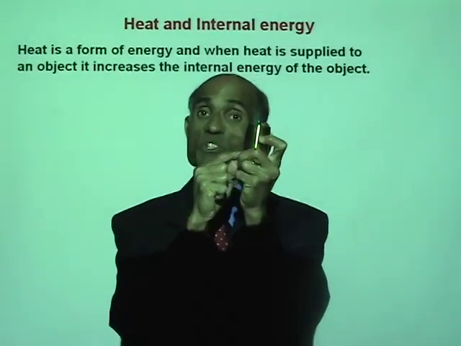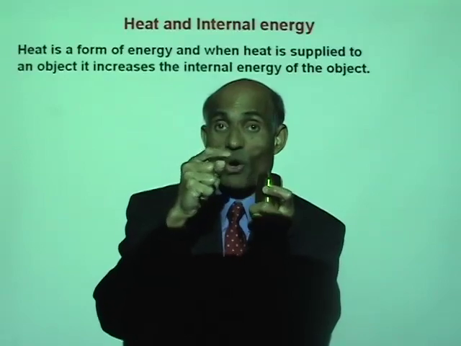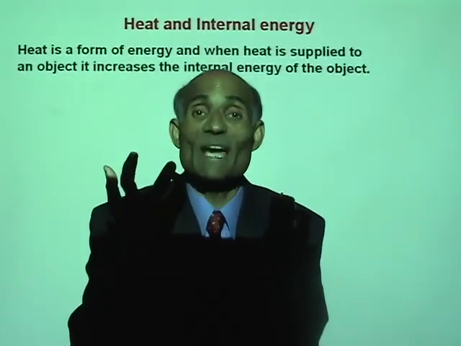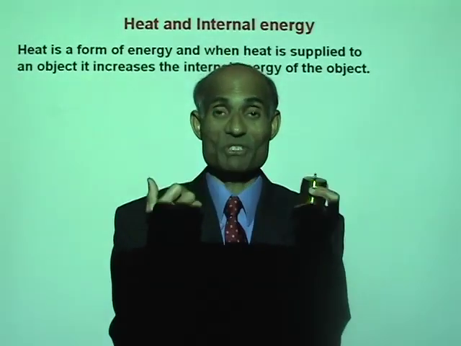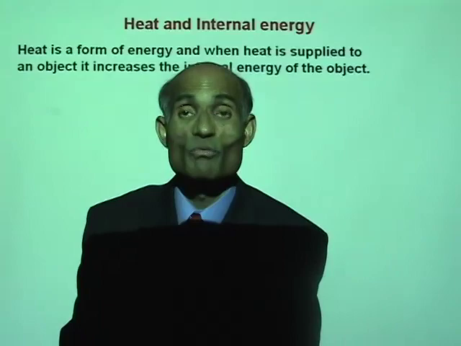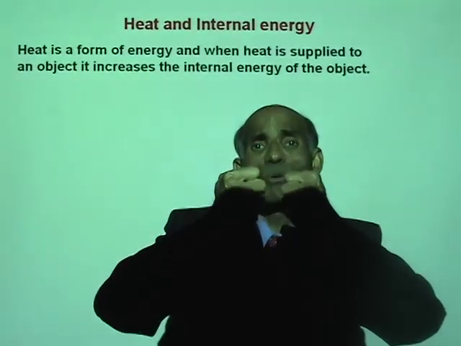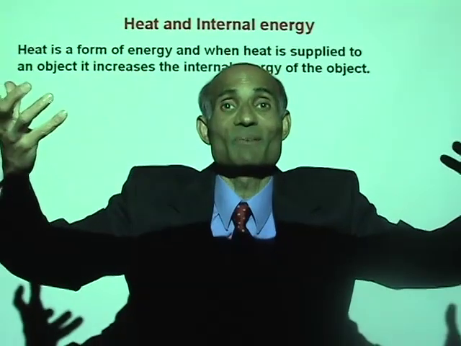Now remember, each molecule, as they vibrate or simply move about, they have motion energy. And motion energy we call kinetic energy. And also, when you supply heat, we said molecules can break away from each other, gaining potential energy.